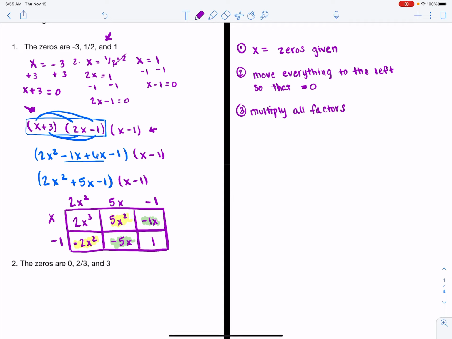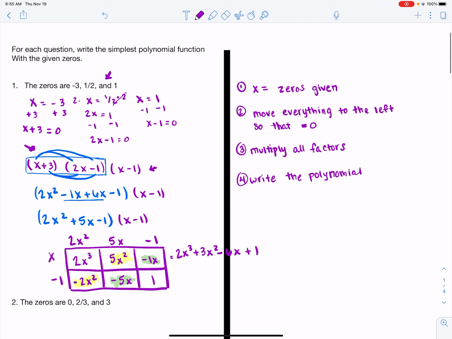So now if I write the polynomial, I have 2x cubed, 5x squared plus negative 2x squared. When I combine the x squareds, I have a positive 3x squared. Negative 1x and negative 5x is a minus 6x, and then a plus 1.